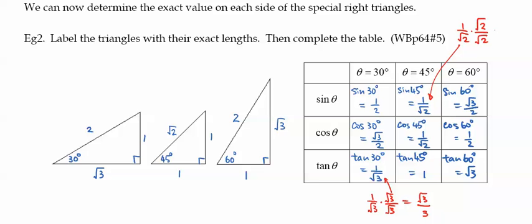This is how you rationalize your denominator, giving us root 2 over 2. Or you can keep it for now, and once you're done with your calculation for your triangle, you can then rationalize your answer at a later time.